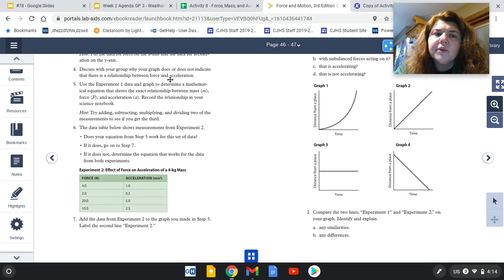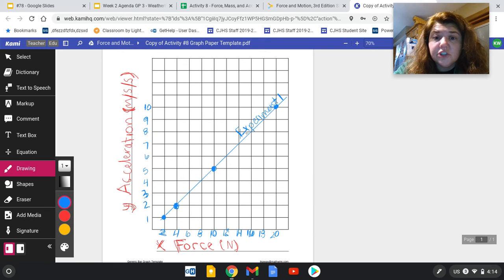Remember, I told you the thing that we are looking at is if it would create a line, and that sure as heck created a line. So yes, there's a relationship between force and acceleration, because as the force increased, what happened to the acceleration? The acceleration also increased.